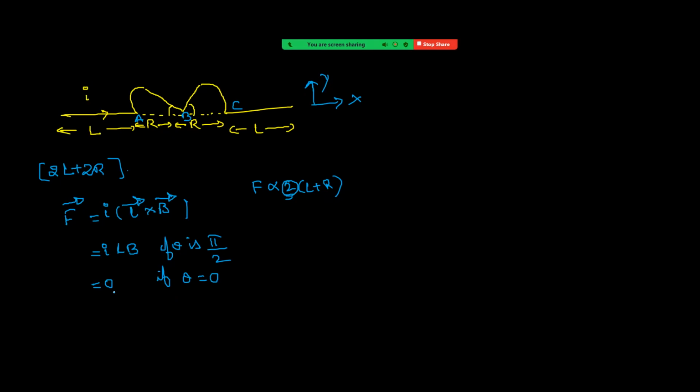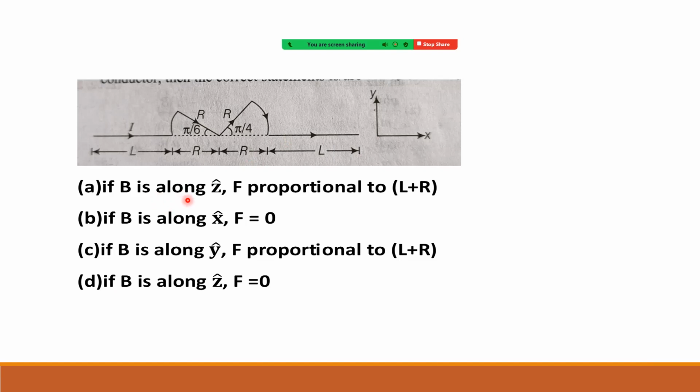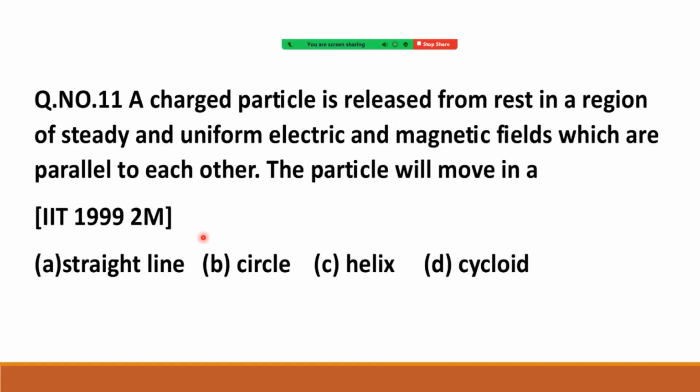It is a very simple and straight question. So you can say options now. B bar is along z-axis proportional to L plus R. B bar along y-axis proportional to L plus R. So both are correct. B bar is along x-axis, F is 0. So B also correct. So A, B, C and D is not correct. Okay. Let us see next one.